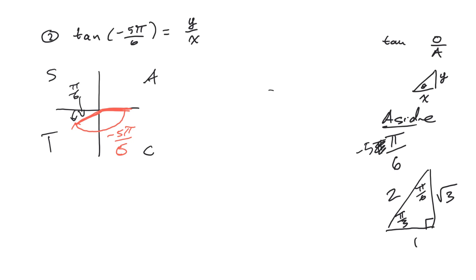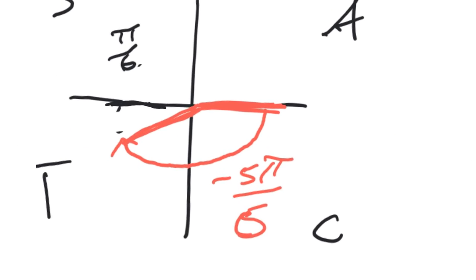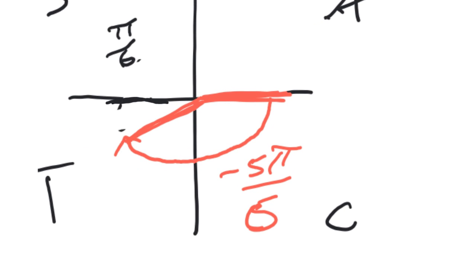So I'm going to zoom in on here and start drawing some stuff. I'm going to erase this, and then we're going to fill this in with our little triangle. So if we zoom in on this triangle that is created here, I'm going to draw it in blue. So I have my triangle here, with my angle here being pi over 6.